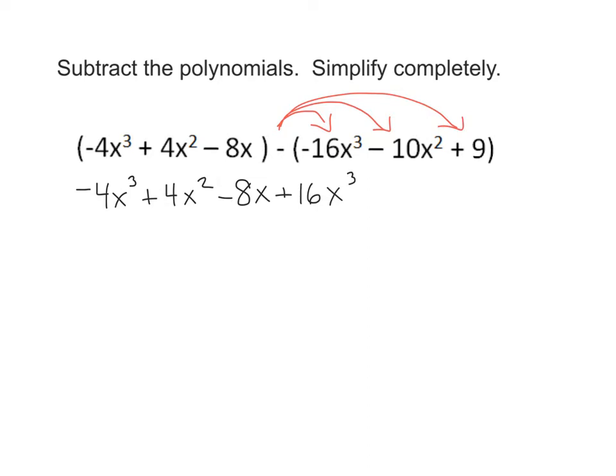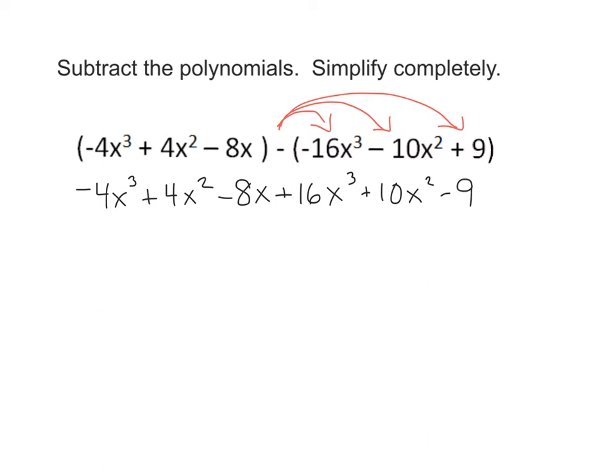And then we need to do minus negative 10x squared, so subtracting a negative will become positive again, so plus 10x squared. And then we need to do minus a positive 9. So subtracting positive 9 means minus 9.